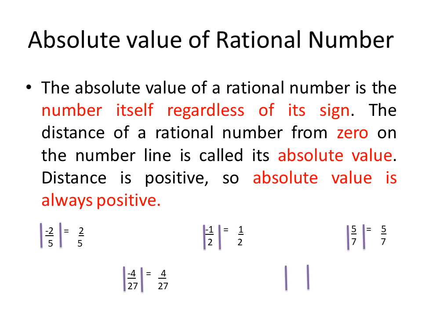The absolute value of minus 4 by 27 is 4 by 27. And the absolute value of 11 by 6 is 11 by 6. What do we understand from all these examples, children? The absolute value of a rational number is the number itself regardless of its sign.